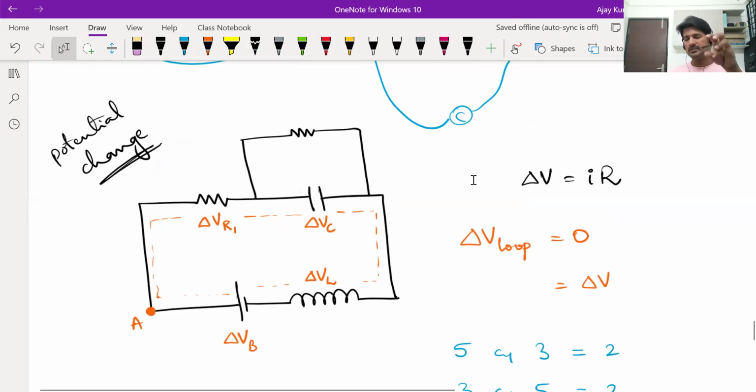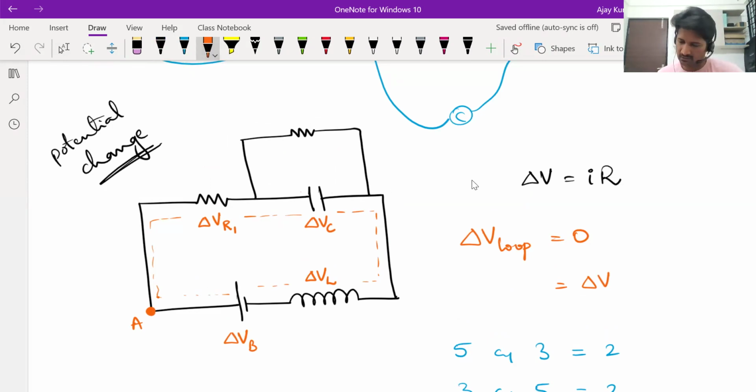Okay. So the sum of all potential changes that you come across in a loop will definitely be zero. And why will it definitely be zero? Because you are returning to the point where you started from. That means you are returning to the same potential from where you started. So your final potential is equal to initial potential. That means all the changes must have cancelled. Okay. So total change in potential along the loop is zero.